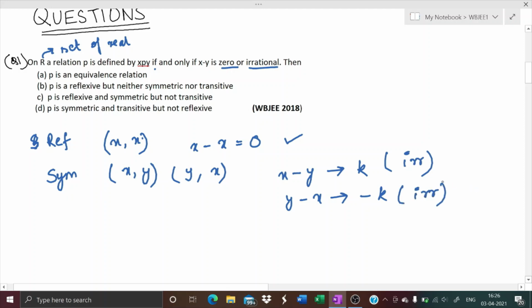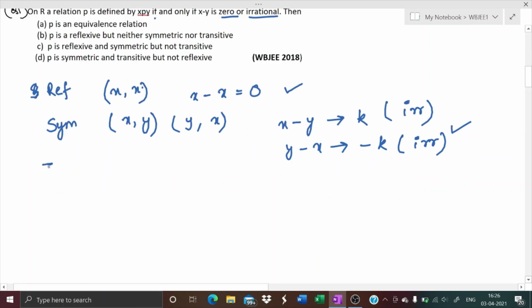So it is symmetric. Now for transitive, we have to check. We have been given x comma y, y comma z. We have to check for x comma z.